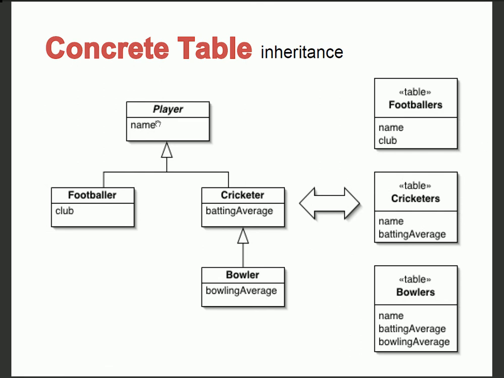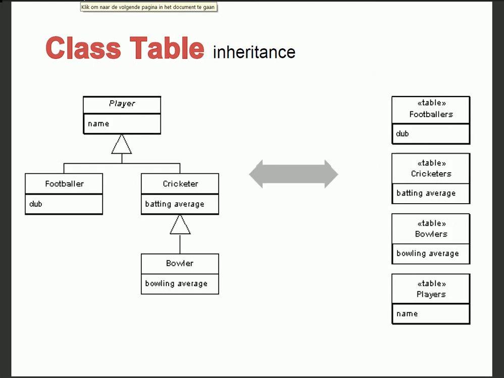Only the concrete classes have their own table. So all the common fields that are used in the abstract class, like name here, are in all the different tables. In class table inheritance, the abstract class here, player, does have its own table. So that is what is now worked out in the UCM, Unified Content Model, that the core content has its own table.